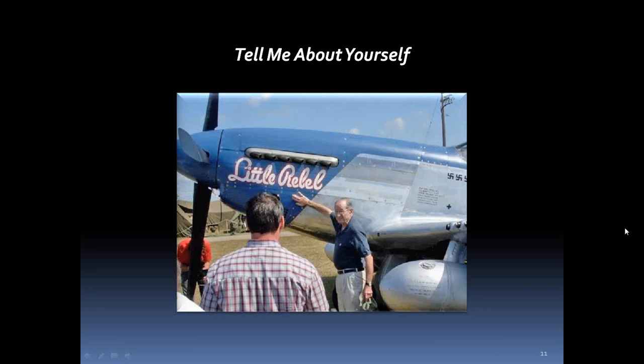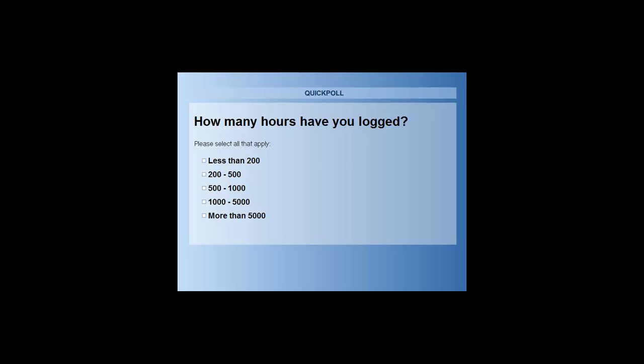Now I'd like to see how many hours you have. So if you would just click the appropriate button, so we can get an idea of how many hours we all have here.